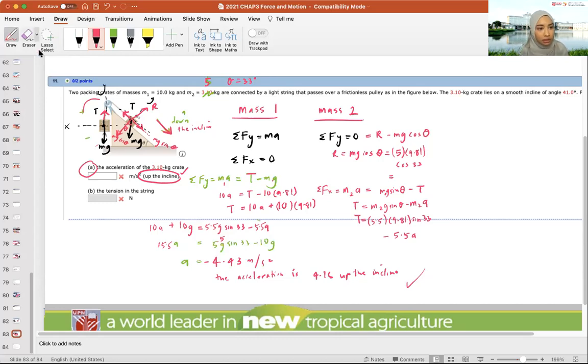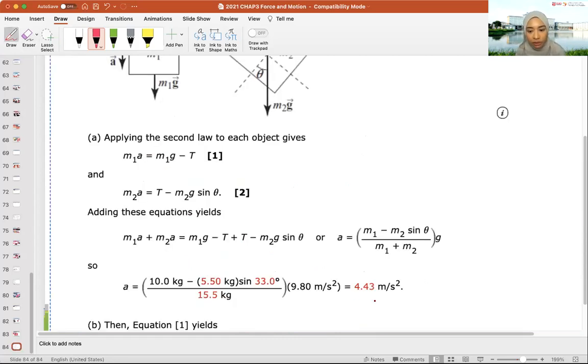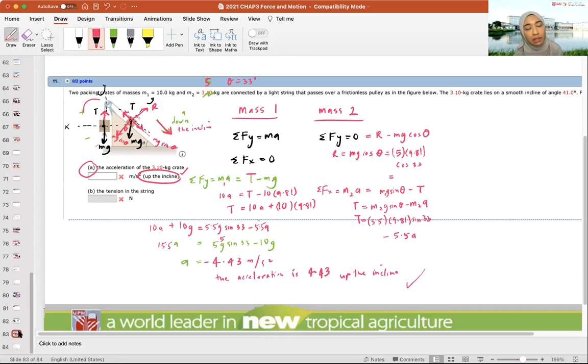So the acceleration is 4.43 up the incline. Let's see the answer. So it's 4.43. Sama jawapan dia. So here, even though my assumption is wrong, I said it was going down the incline, it doesn't mean that my answer is going to be wrong. So this is your proof here. So jangan panik lepas ni.